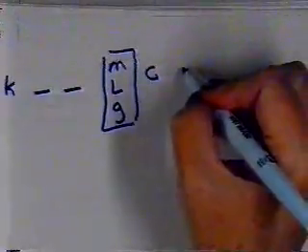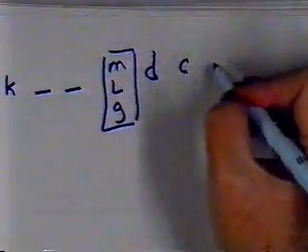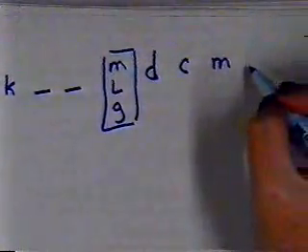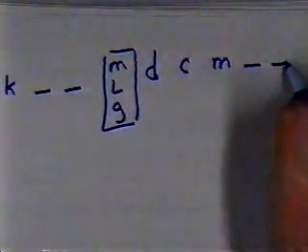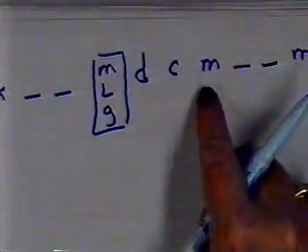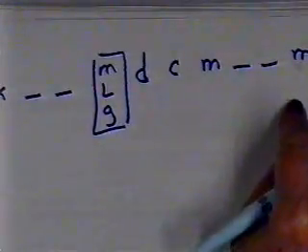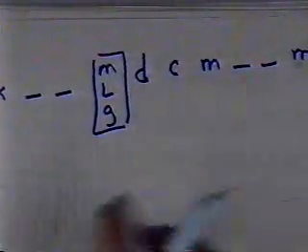Then deci, centi, milli, and we have to do 2 blanks to go to micro. And that's because we skip from 1,000th, we skip 1/10,000th, 100,000th, and we go to a million.